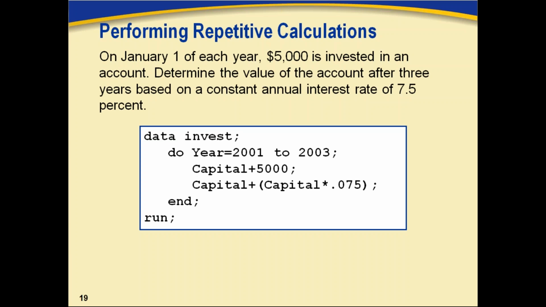Now let's see one more example: perform repetitive calculations. On Jan 1 of each year, let's say you are investing 5,000 in an account, and now they are asking to determine the value of the account after 3 years based on a constant annual interest rate of 7.5%.